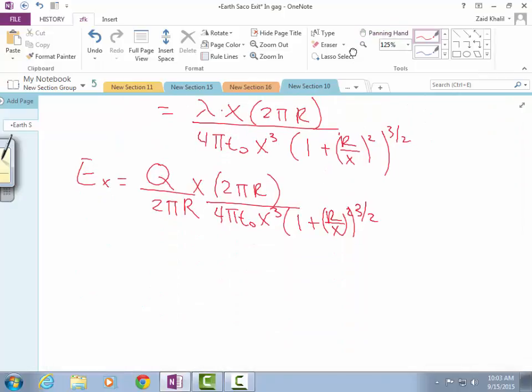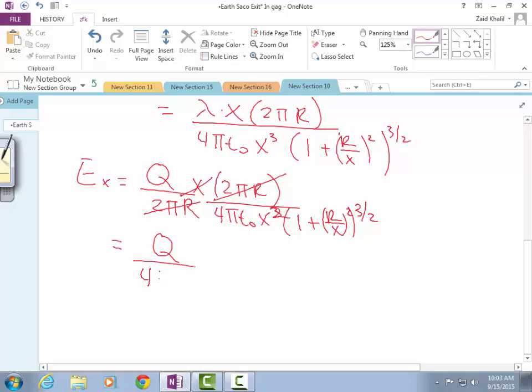Now we cancel, and we get Q over 4 pi epsilon 0 x squared times this factor.